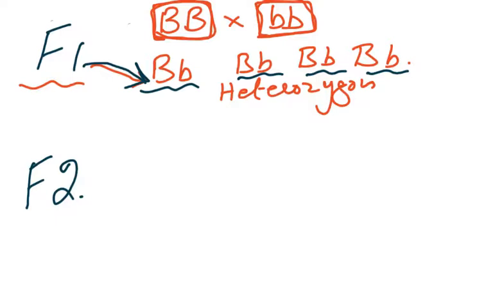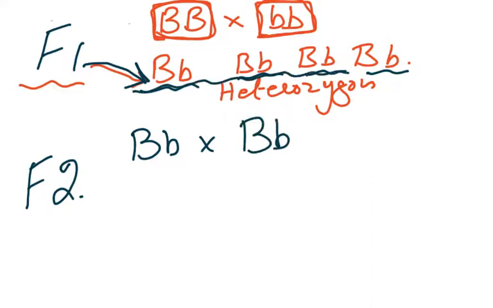Now when we cross the F1 generation, the F2 generation is the offspring resulting from a cross between two F1 heterozygous organisms. So we take the ones from the F1 generation and cross them.